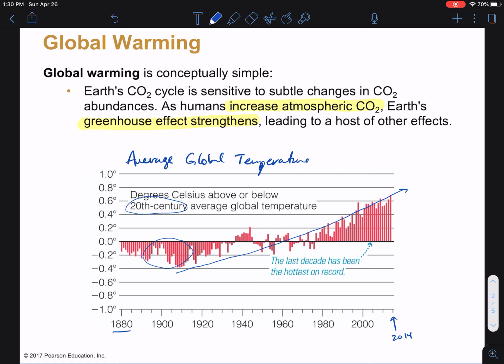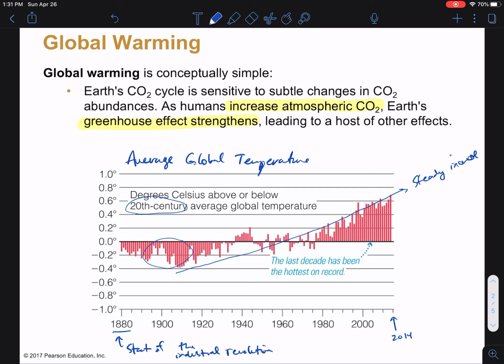So if it's been warming over that period, newer times will appear warmer and older times will appear a little bit cooler. But we still see a steady increase. And right about here was the start of the Industrial Revolution.